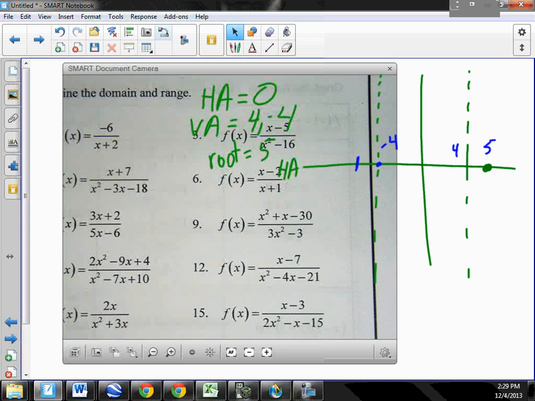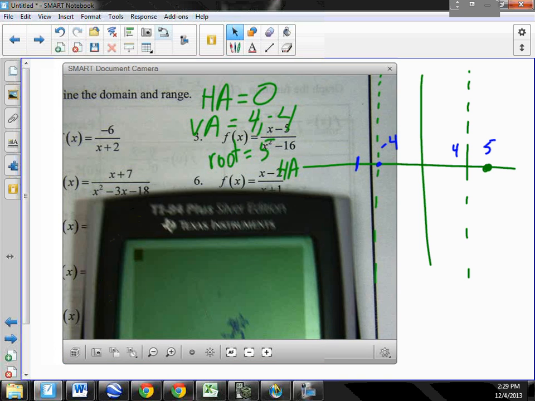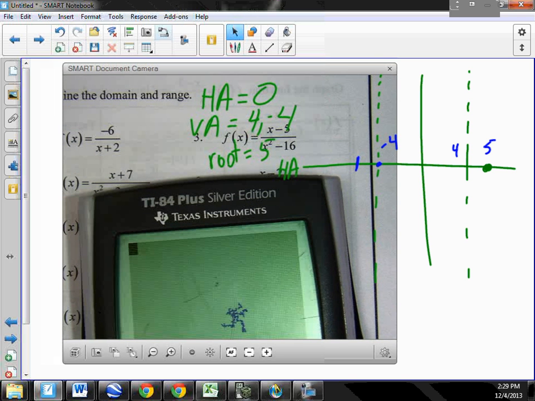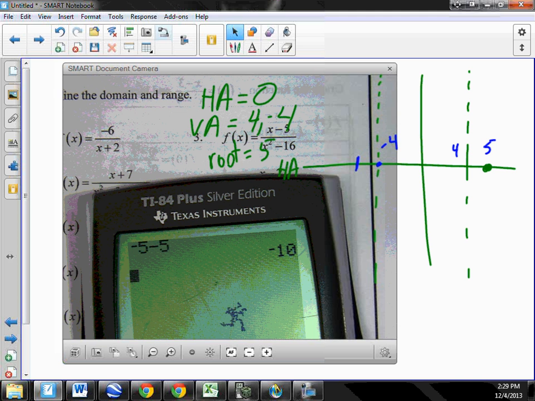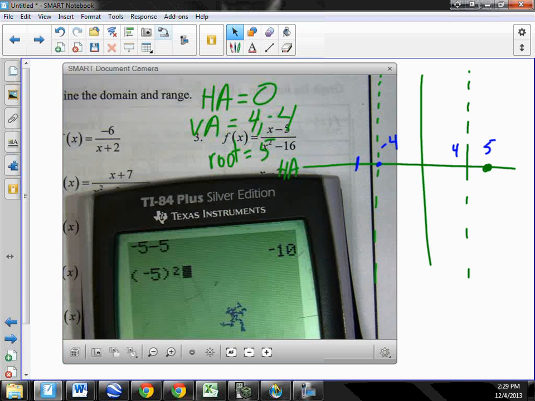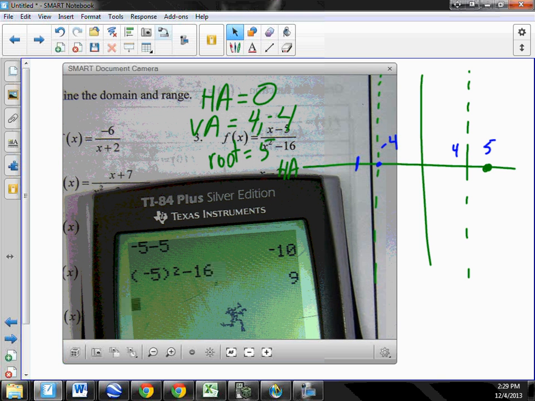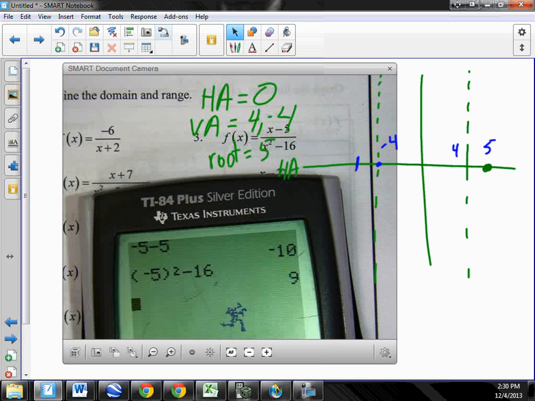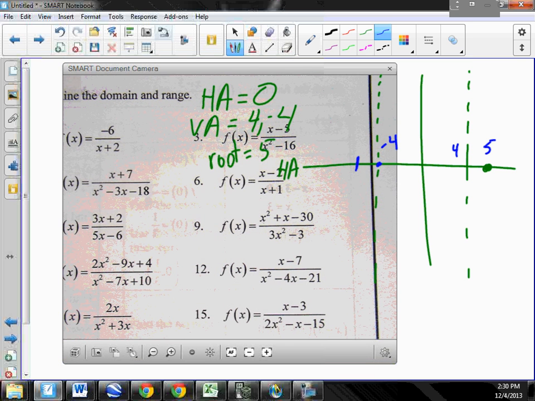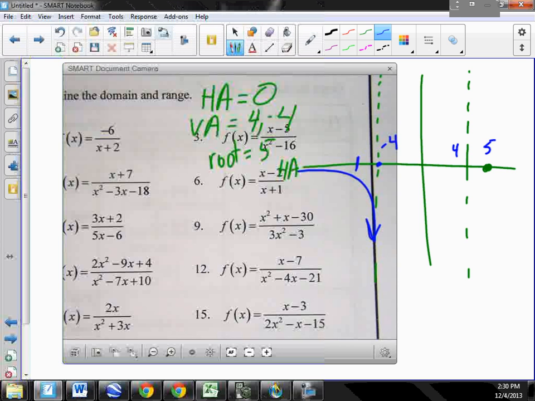So, -5 minus 5 is -10, and then (-5) squared minus 16 is 9, and -10 is negative, so we're below the horizontal asymptote. So the first part of the graph looks like this. All right?